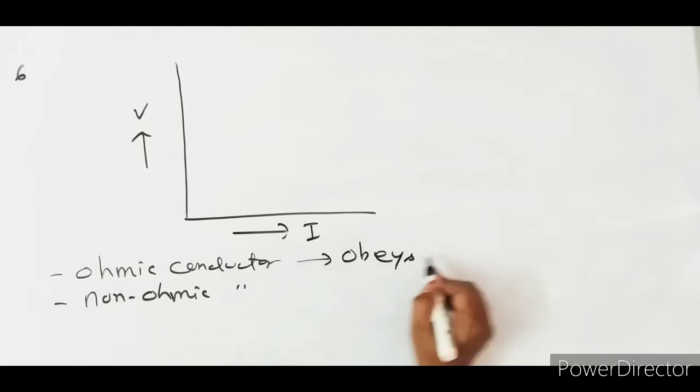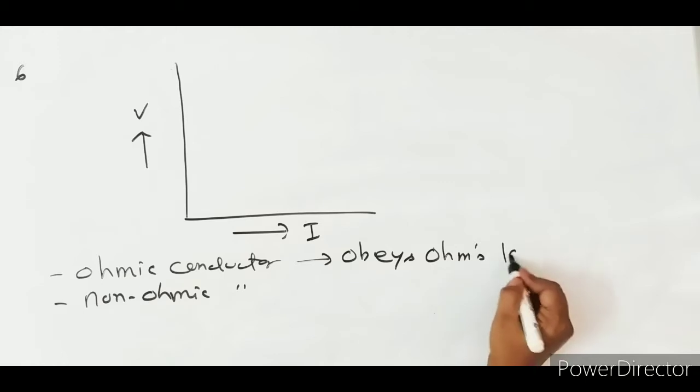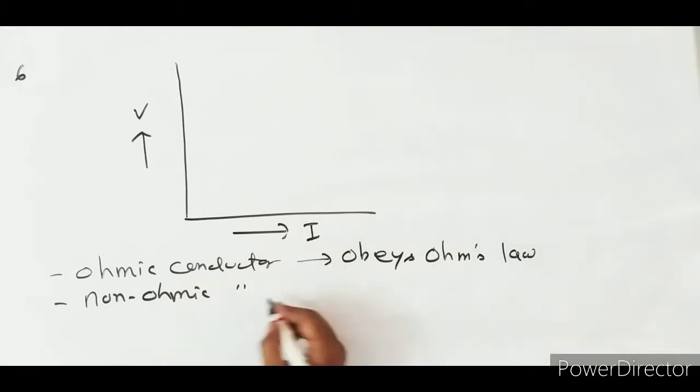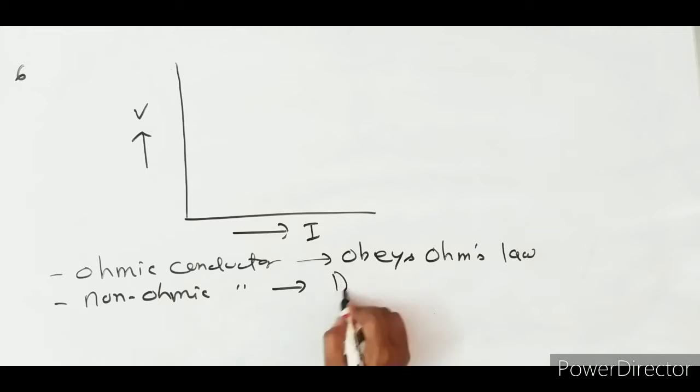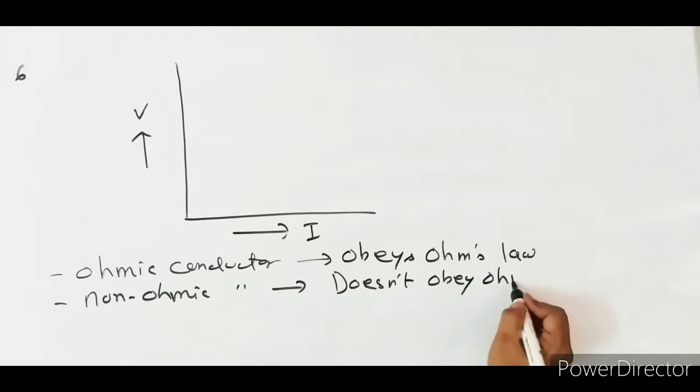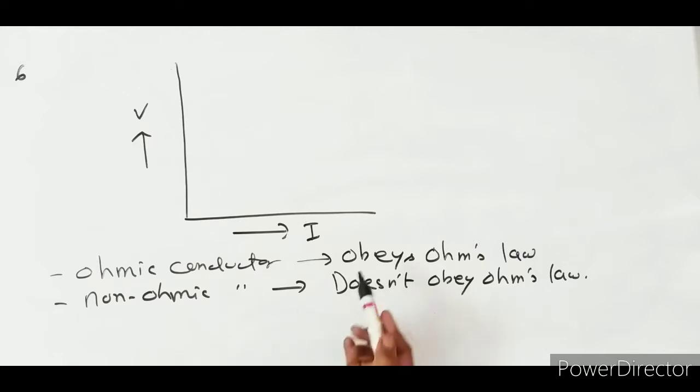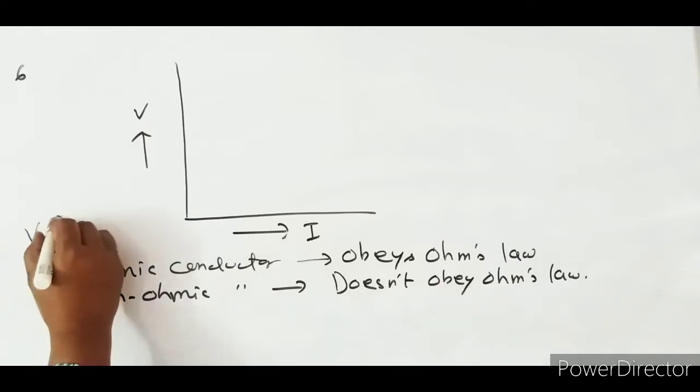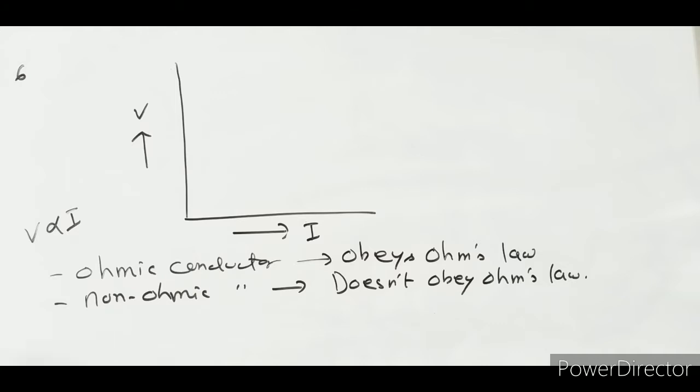It obeys Ohm's law. What is a non-ohmic conductor? It does not obey Ohm's law. Understood? Obey means that V is directly proportional to I. This is Ohm's law. If a conductor obeys this, then only it will be an ohmic conductor. If it does not obey, it will be a non-ohmic conductor.